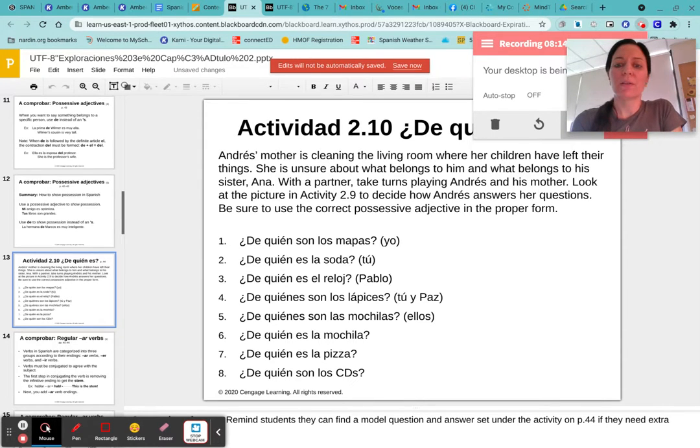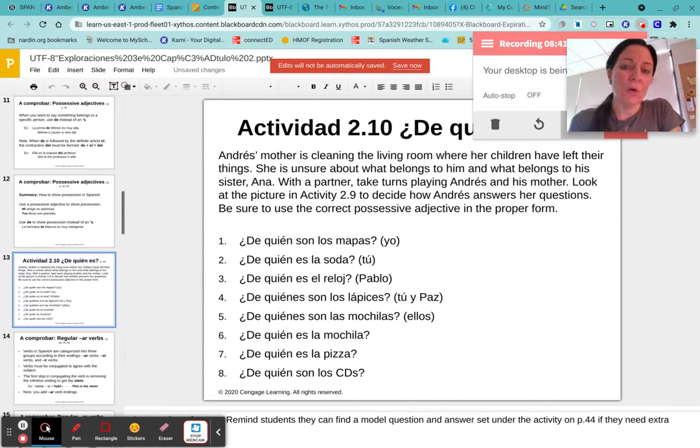Whose soda is this? You're trying to say it's your soda. So am I going to use tu or tus for that? Here I would say es tu soda. Next one I have is ¿de quién es el reloj? We want to say it's his watch, talking about Pablo. In that case, we would say es su reloj.